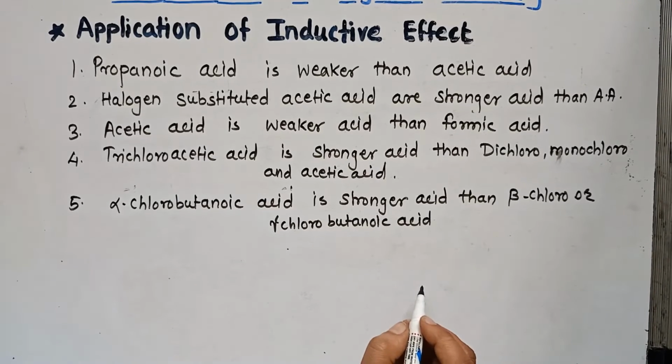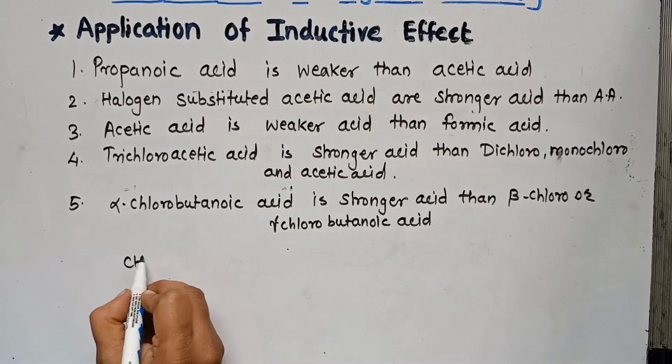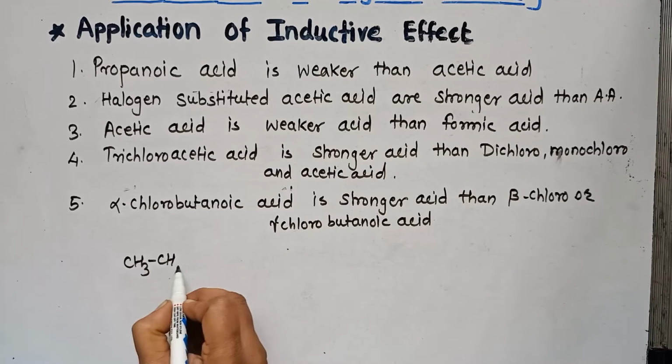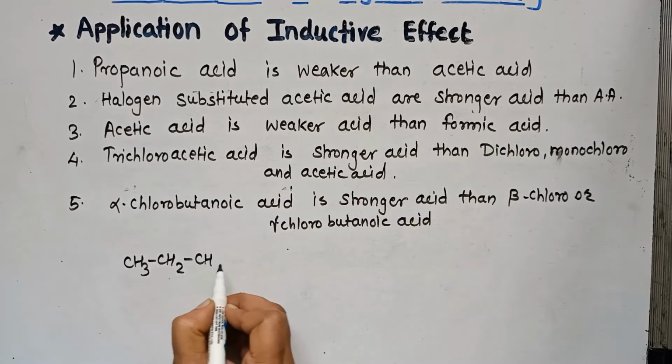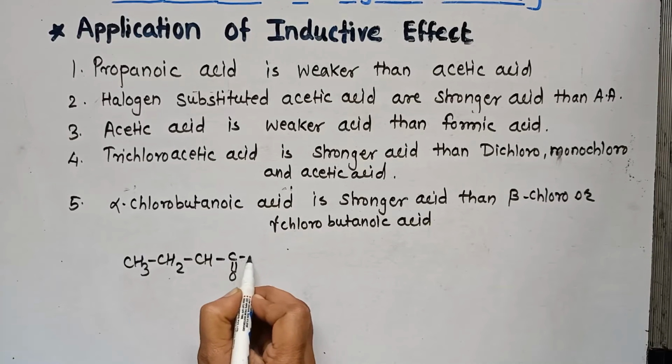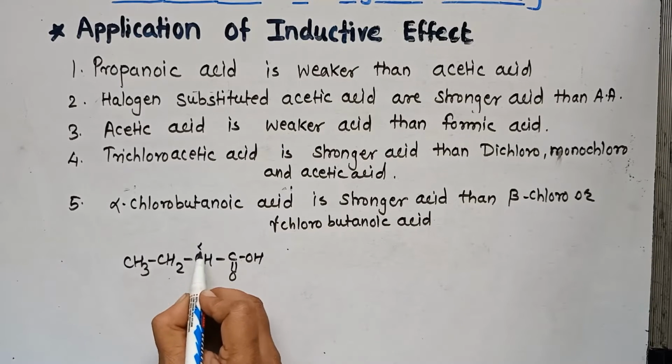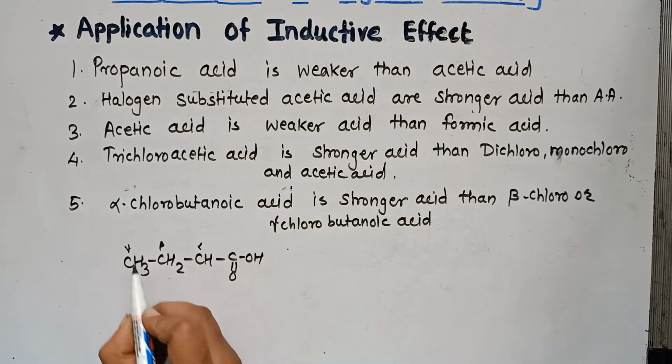So first we draw the structure: CH3, CH2, CH, COOH. This is the alpha, beta and gamma carbon.